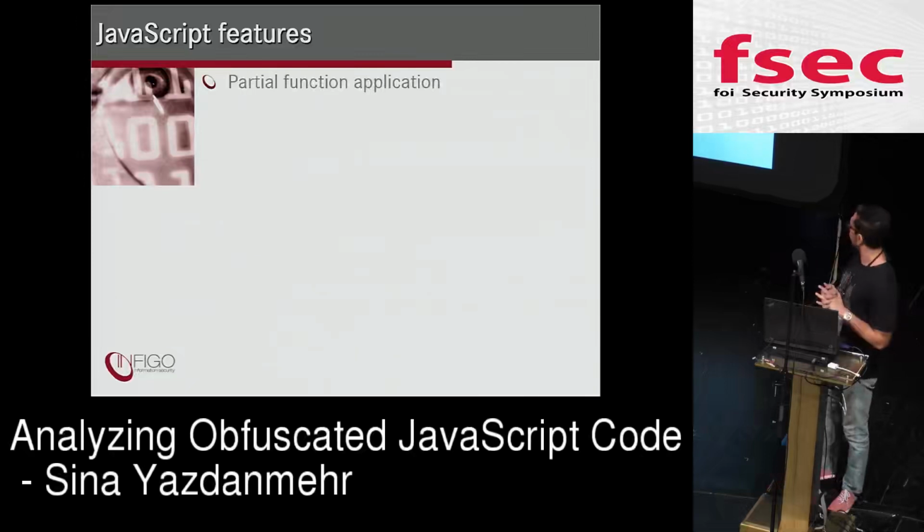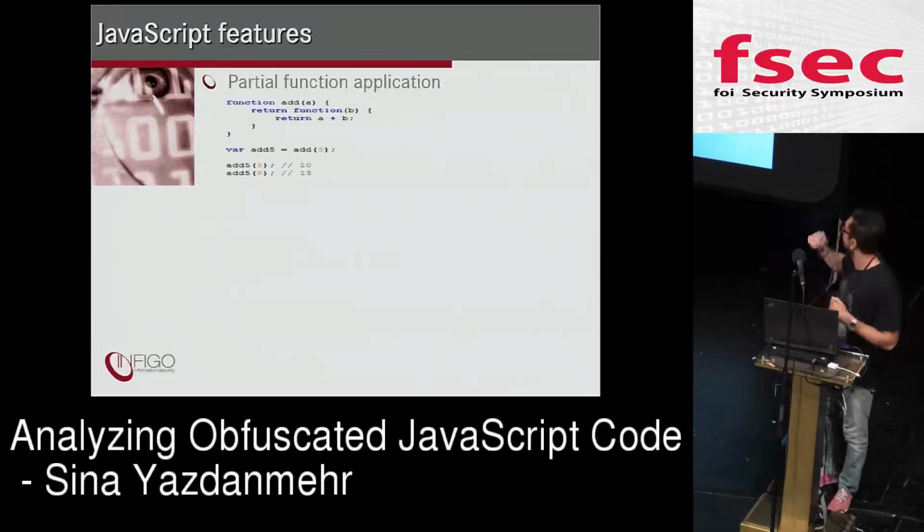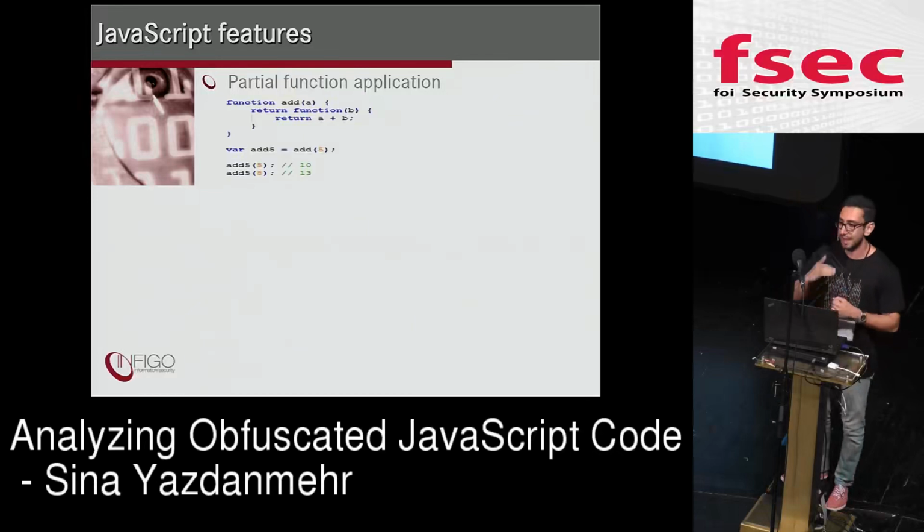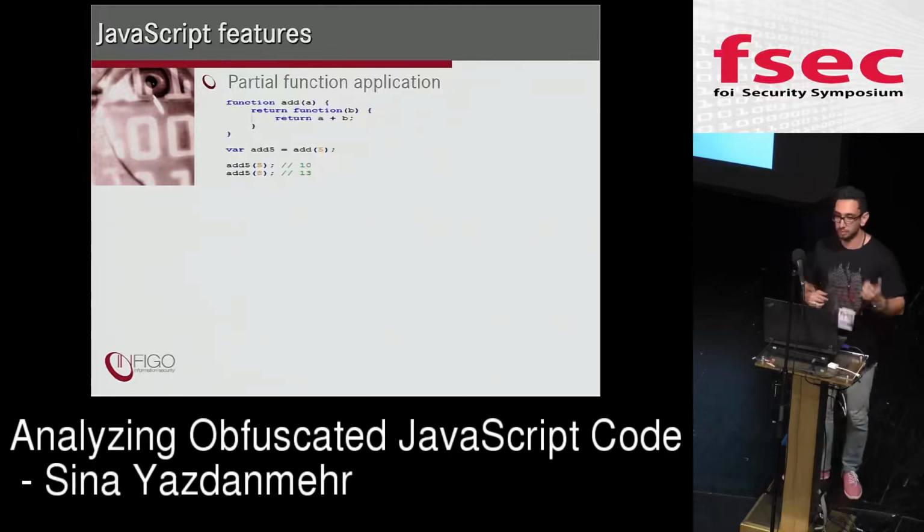With this ability, we have partial function application. What does it mean? As you can see, the function add returns a new function as a result, and the first function add requires a as an input. The returned function requires another input, which is called b.